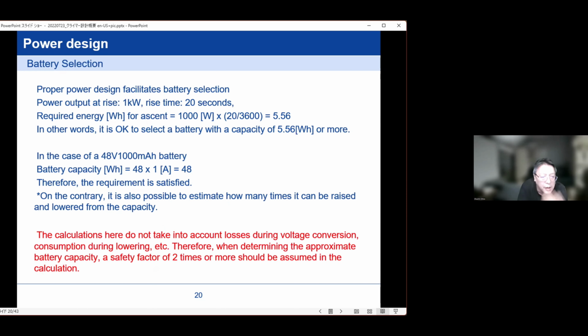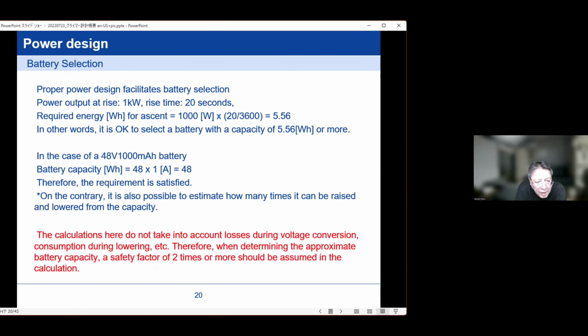Battery selection. In terms of battery selection, if the power design is done properly, battery selection is relatively easy. As for the battery, you have options such as choosing one with a certain voltage or whether you need one with a watt-hour rating. But in this case, we'll basically be thinking about the capacity.